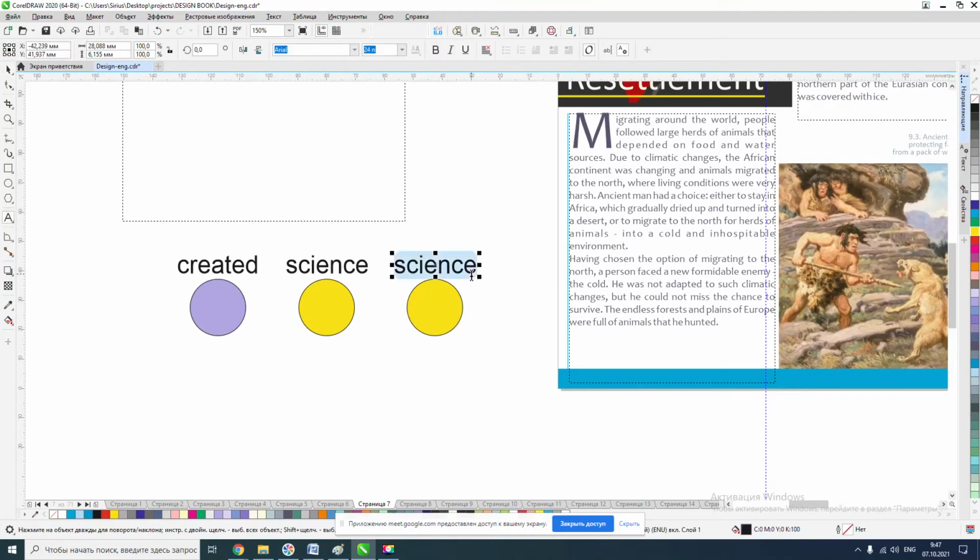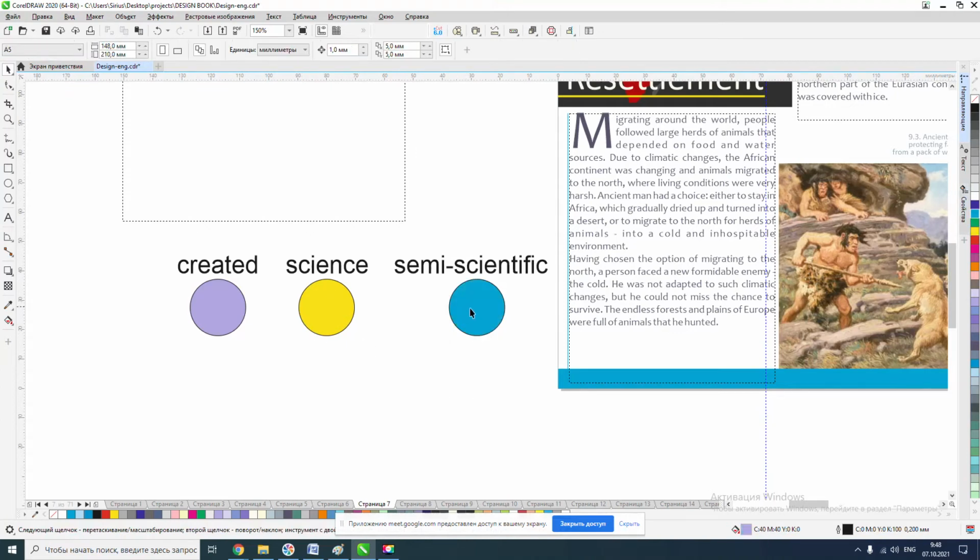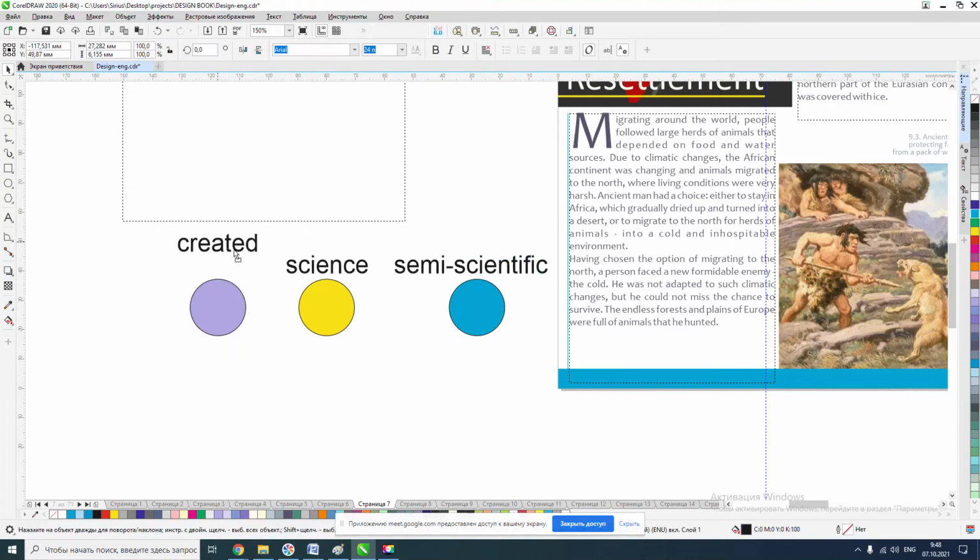The third theory I call semi-scientific. What does it mean? In scientific language, it's just a myth. For example, Adam and Eve.